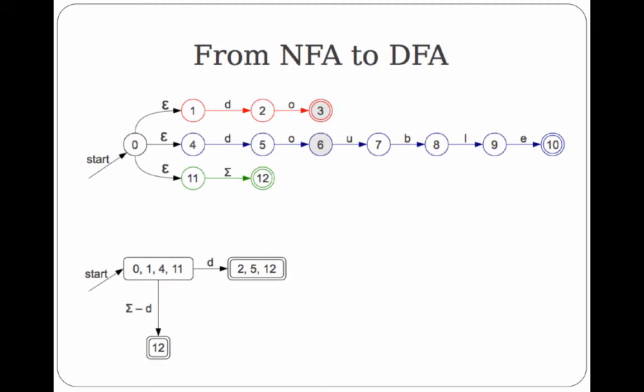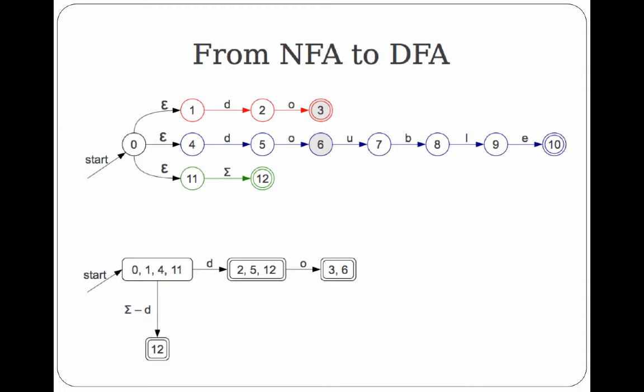Well, with an O, we can go to 3, 6. Notice that the final states of this machine are any state in which one of the states of the NFA was a final state.